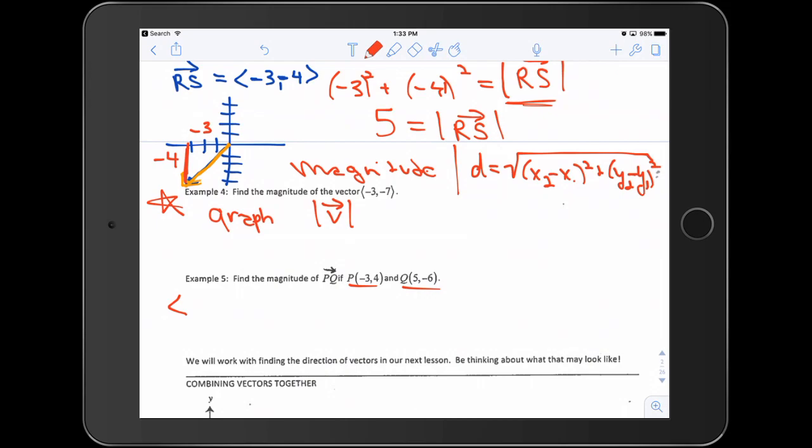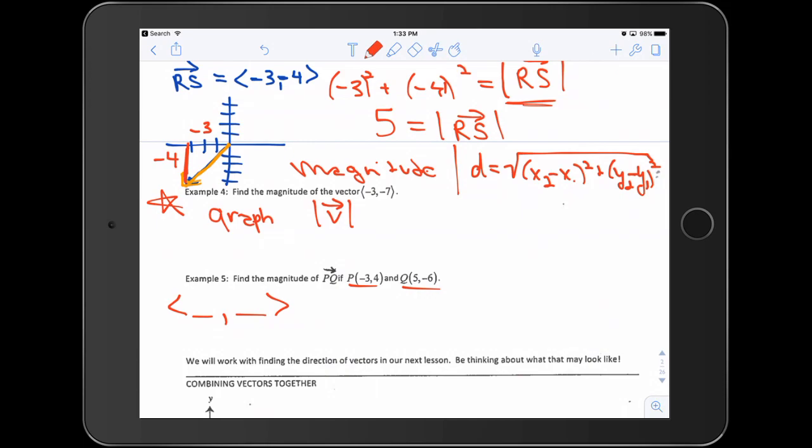So I'm just letting you know you can definitely find this first, which is what we did in example number 2. And once you do that, then you can graph it and then find the magnitude.